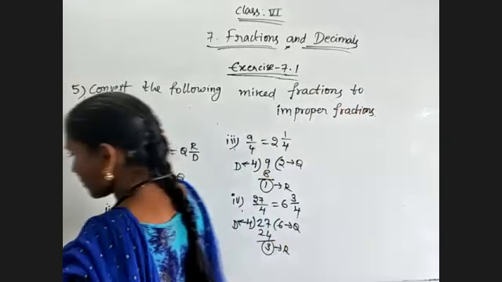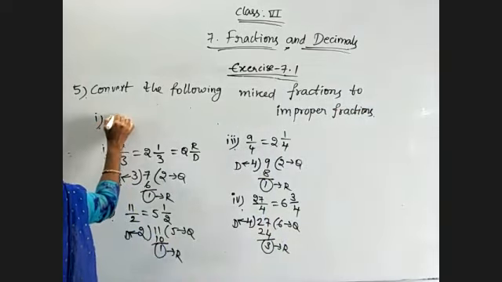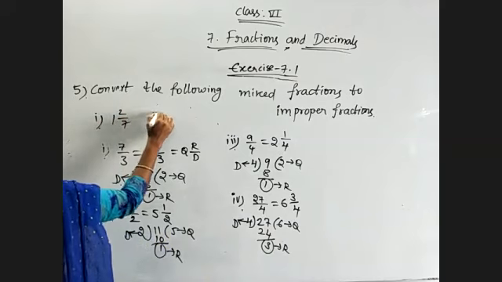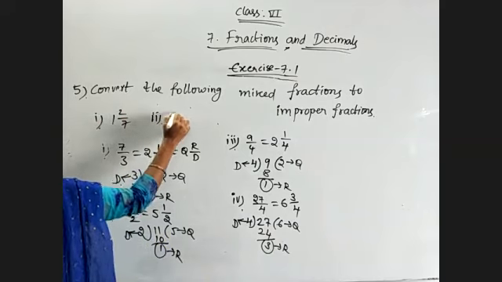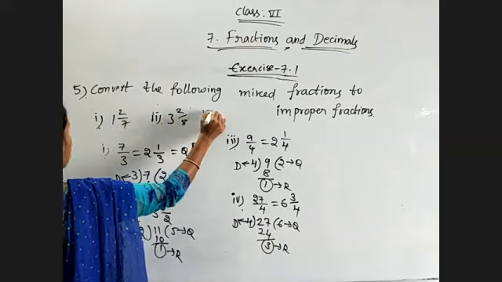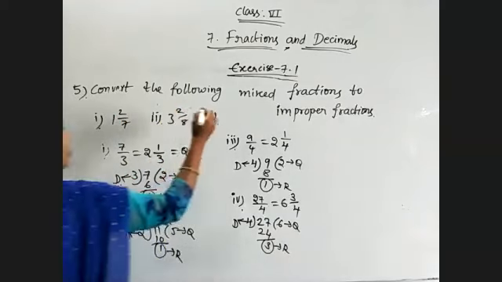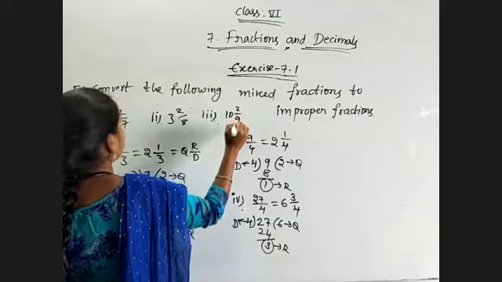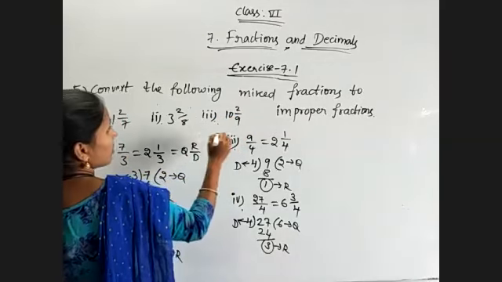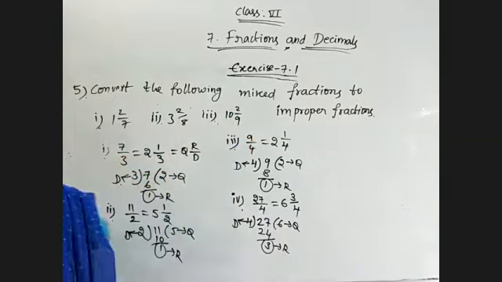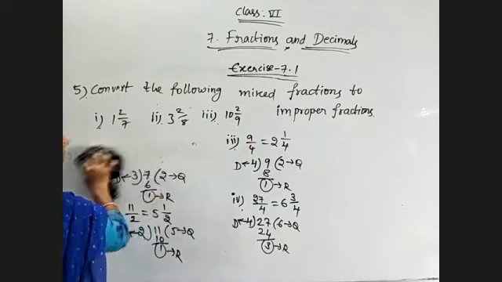And here the questions are given. 1 2 by 7. Second problem is 3 2 by 8. Third problem is 10 2 by 9. And fourth problem is 8 7 by 9.